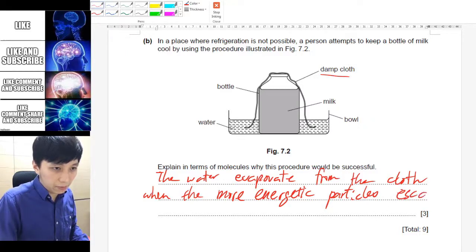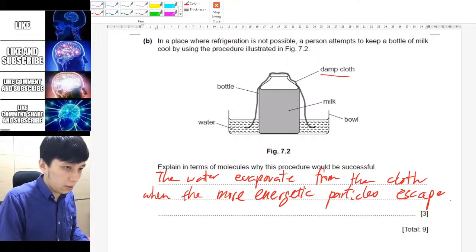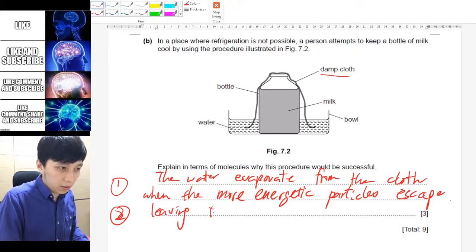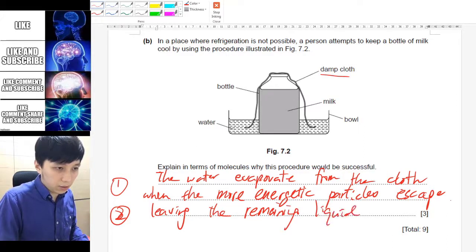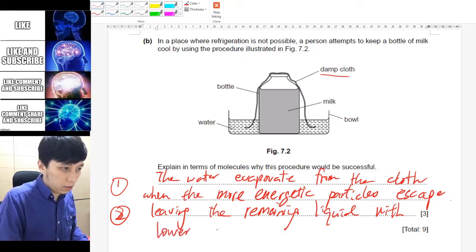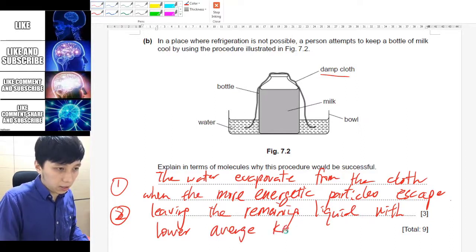And then number 2, which is very important, leaving the remaining liquid with lower average kinetic energy.